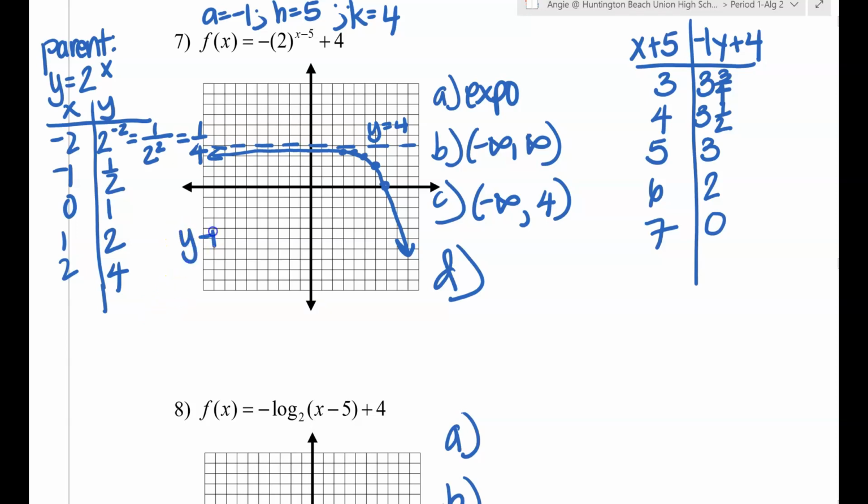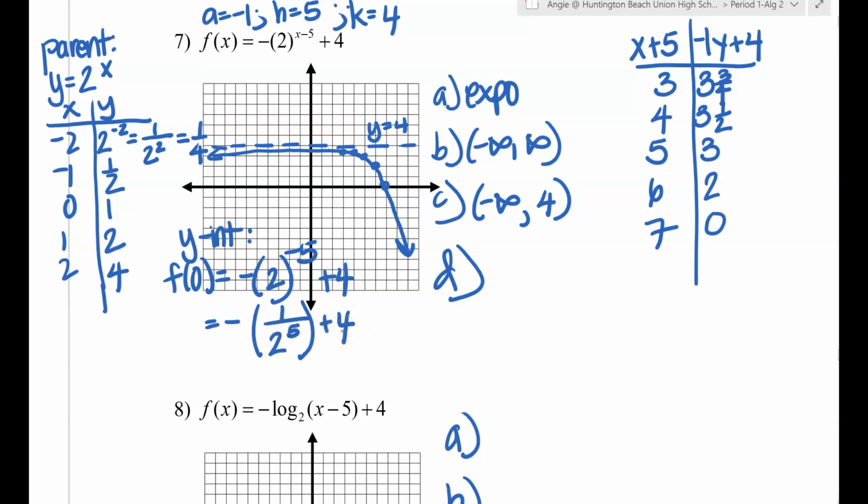So y-int. f of 0, sorry, I need to plug in, f of 0 equals negative quantity 2 to the 0 minus 5, which is negative 5, and then plus 4. So this is going to be negative, and that's a negative exponent, so I'm just going to put 2 to the 5th in the denominator.